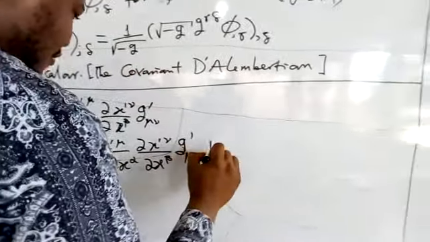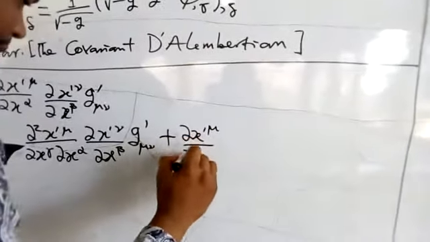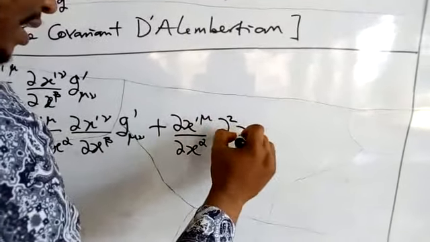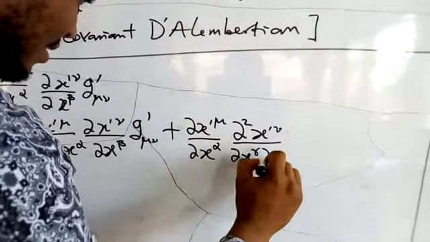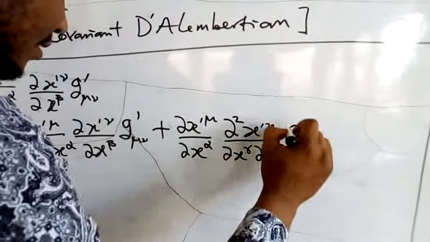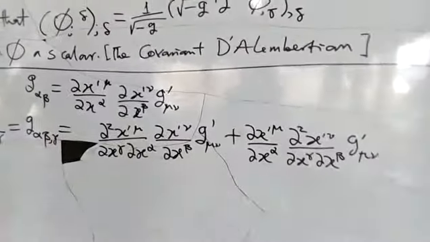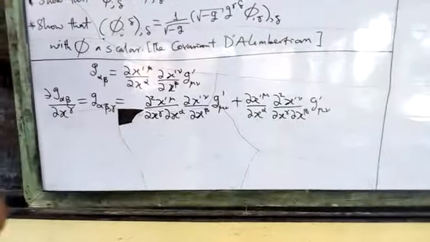Next, I'm going to have plus. I just leave the first differential untouched, the x prime mu, the x alpha, but then the second derivative of x prime nu, the x gamma, the x beta, G mu nu prime. So in this expression, we have all along kept G mu nu prime a constant.